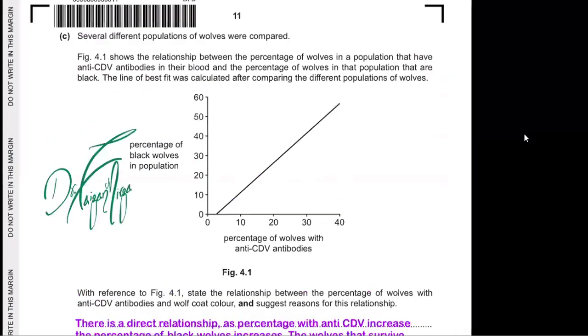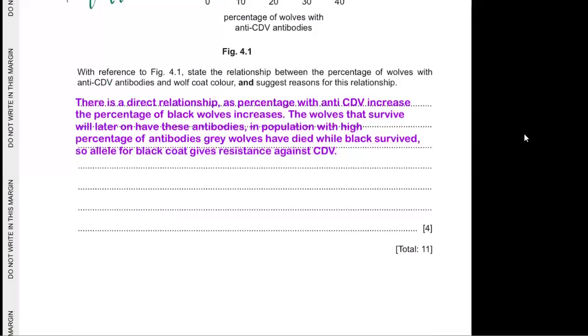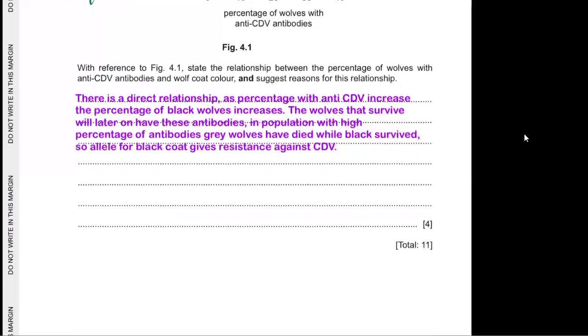Okay, several different populations of wolves were compared. This shows the relationship between the percentage of wolves in the population that have anti-CDV antibodies and the percentage of black wolves. So you can see that this is a linear relationship. With reference to this, figure 4.1, state the relationship. You just state the relationship between the percentage of wolves with anti-CDV antibody and wolf coat color, and suggest reasons for this relationship.